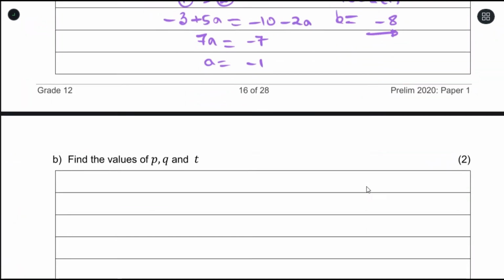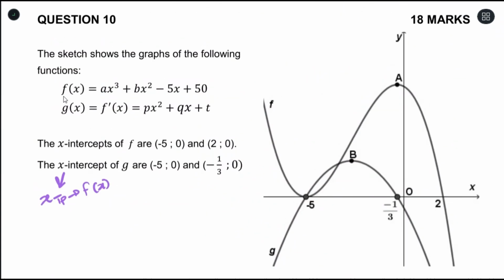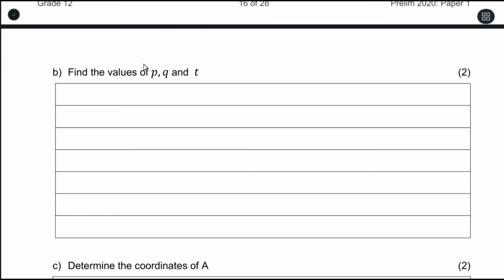Now, the next question tells us to find p, q, t. They come from the g(x) equation. So if I rewrite my f(x) how it should be, remember we got a as -1, so we're writing f(x) equals negative x cubed, -8x squared, -5x, then positive 50.